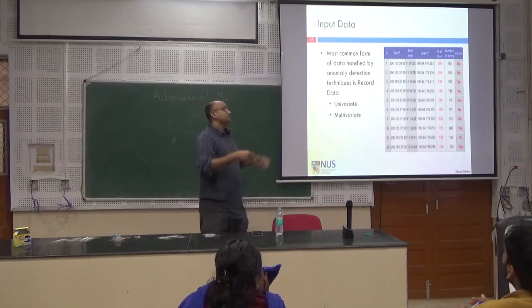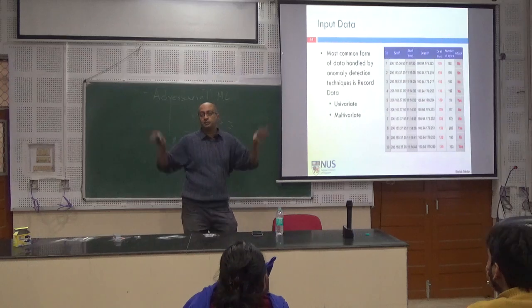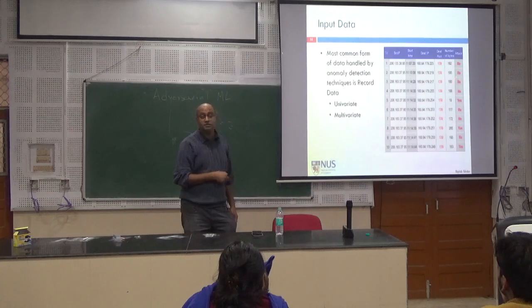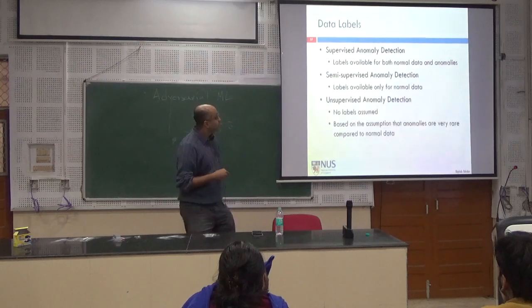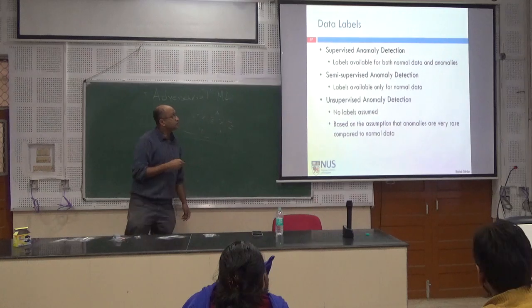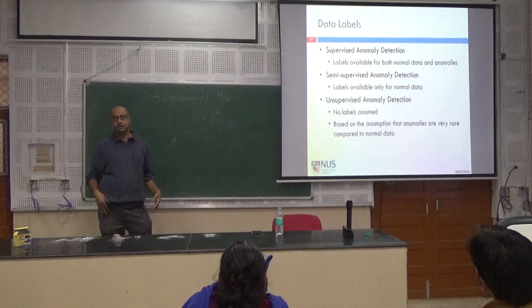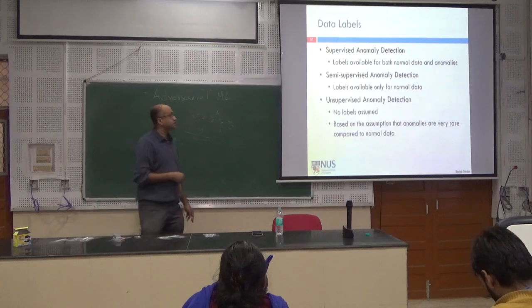So there's some expert somewhere, some teacher who knows everything. Is it an attack or is it not an attack? So your data is labeled. When this is available, this is what I call supervised learning or supervised anomaly detection.